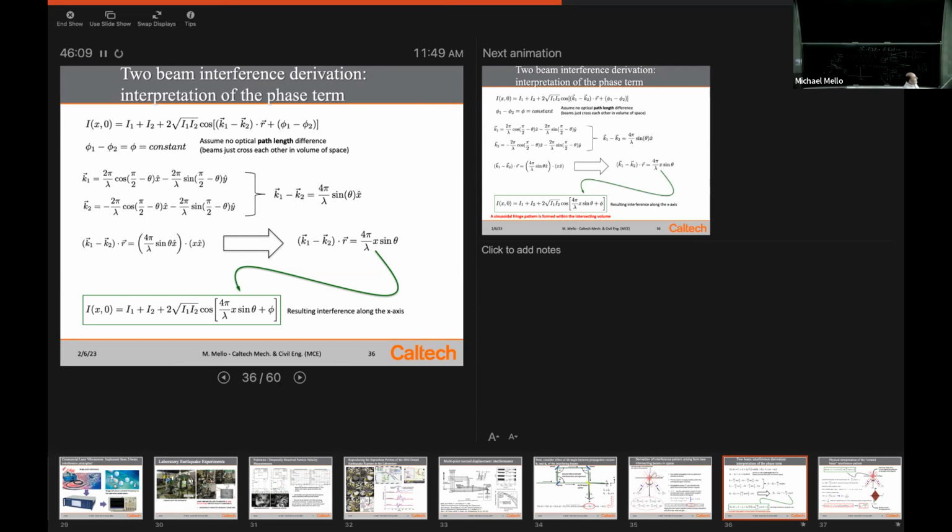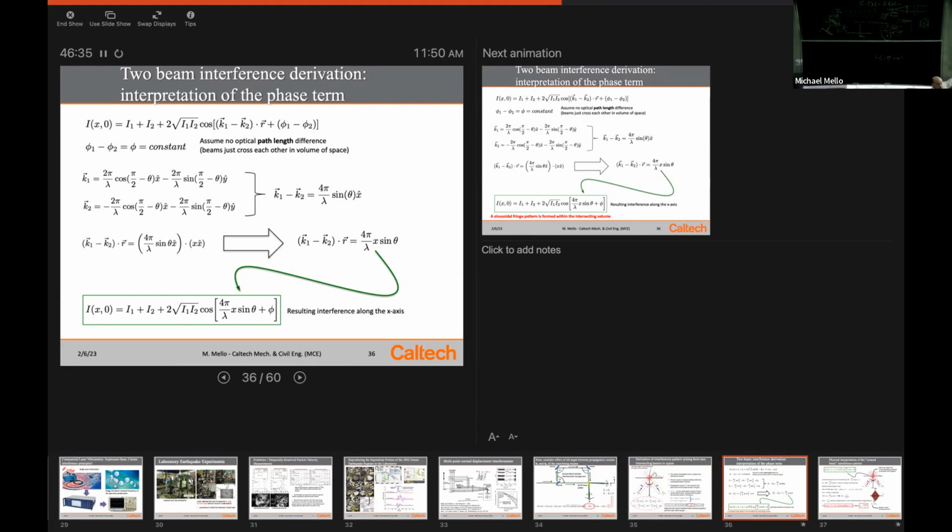So your K1 minus K2 that we're trying to take right now has just become, in this problem, which is actually quite general, right? K1 minus K2 now just became, by the way we've rigged things, 4 pi over lambda sine theta, okay, in the X hat, right? The difference between the two became that, right?